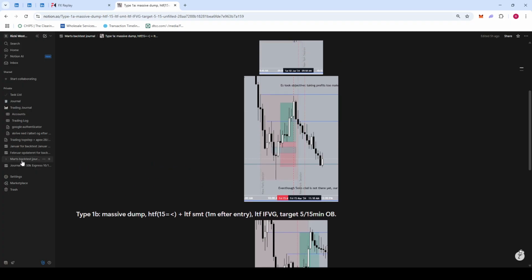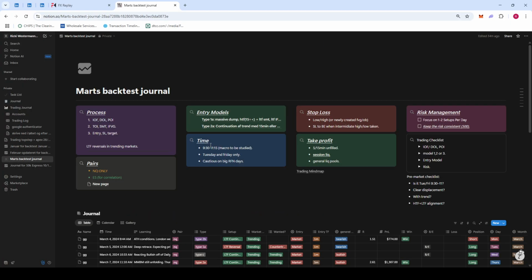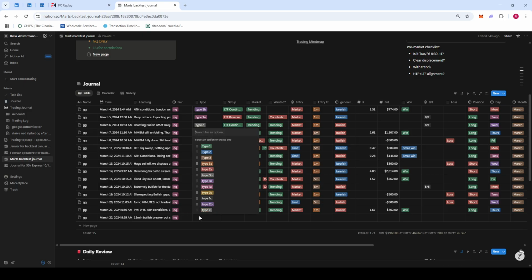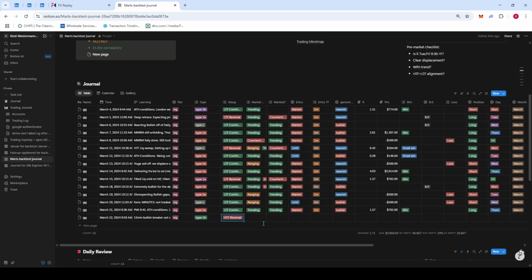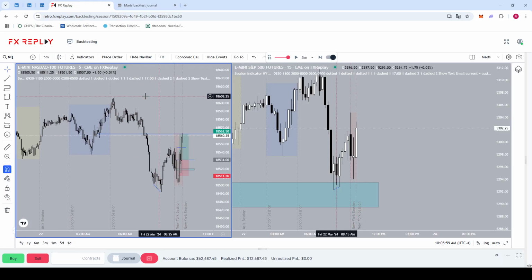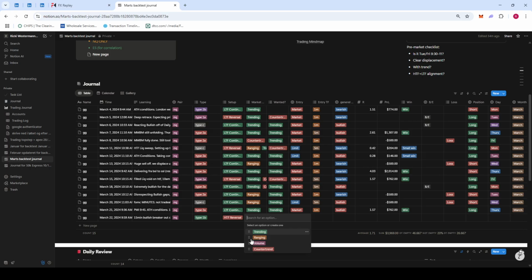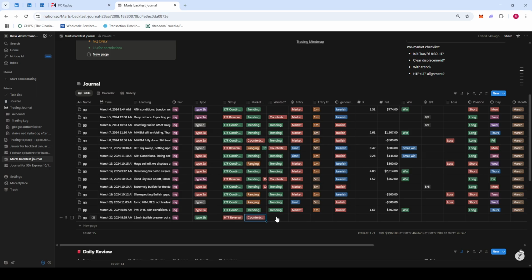Type 1B, I think this is. Type 1B. And this is a lower time frame reversal, this high time frame reversal, and then continuation of that reversal, right? So the market, well, it was counter trending. What did I want?